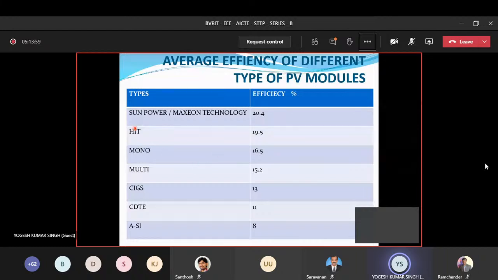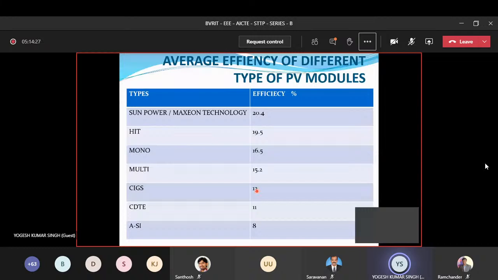For the system efficiency, we require two different parameters. One is the CUF, the capacity utilization factor, and the other is the performance ratio. Always remember these are two different parameters, useful for determining the solar capacity. Now, where do we use the CUF and where the performance ratio?